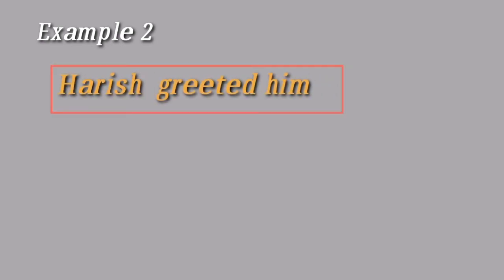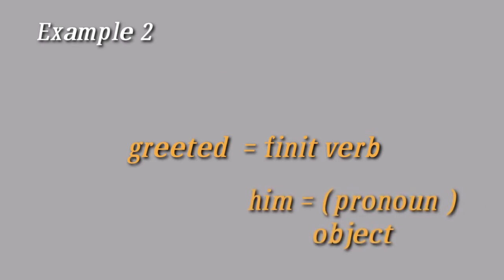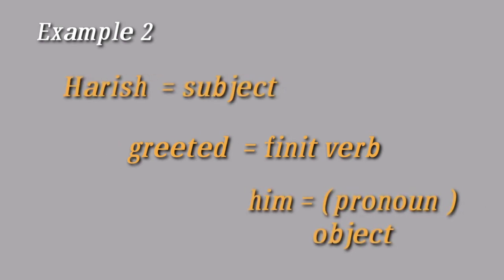The second part gives a complete meaning with a subject and finite verb. So this is a clause. As a whole, the sentence is a simple sentence with one finite verb.